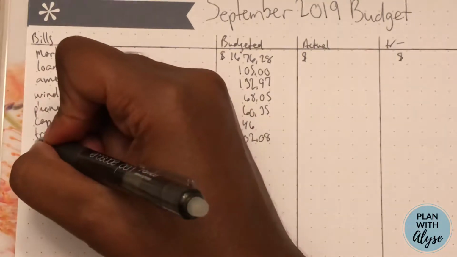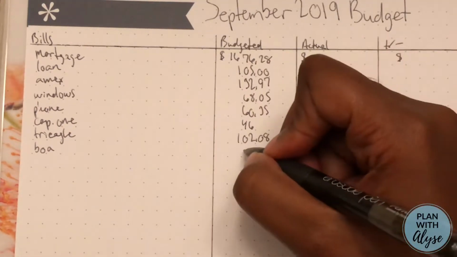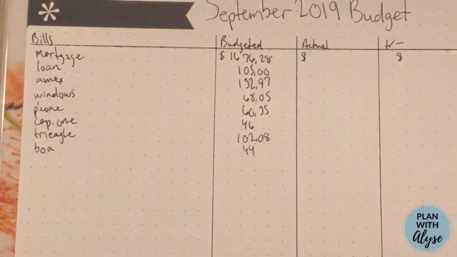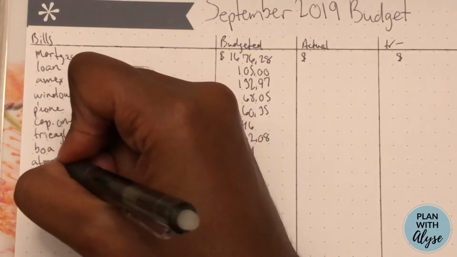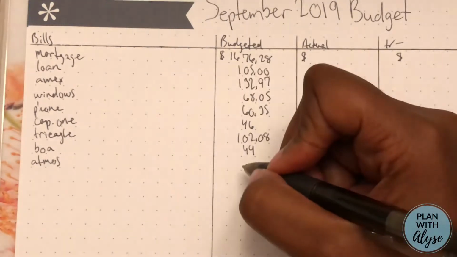And so next is Bank of America. It's $44. Then our gas for the house is $23.78.